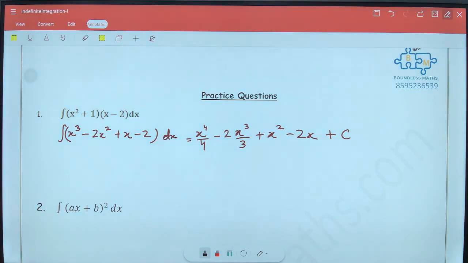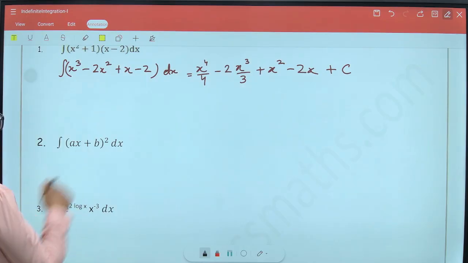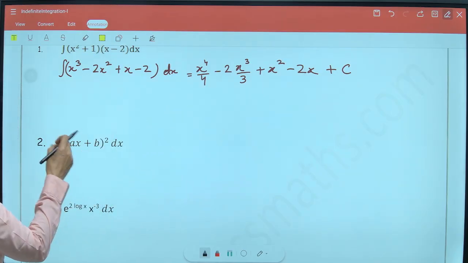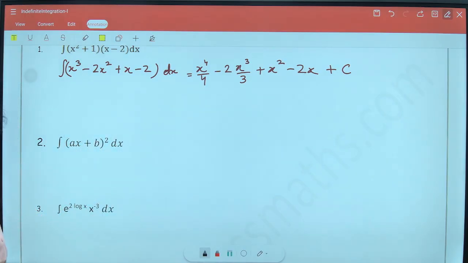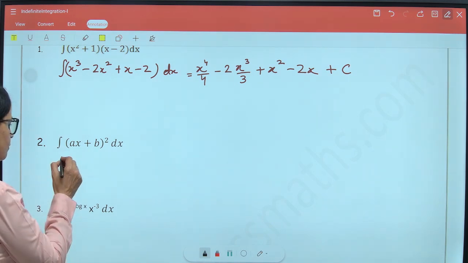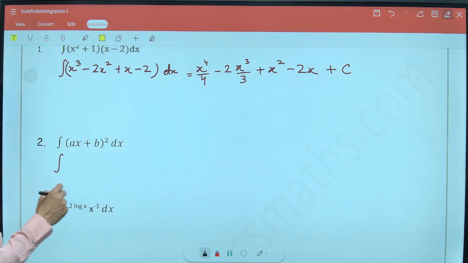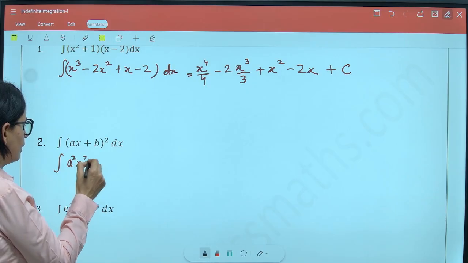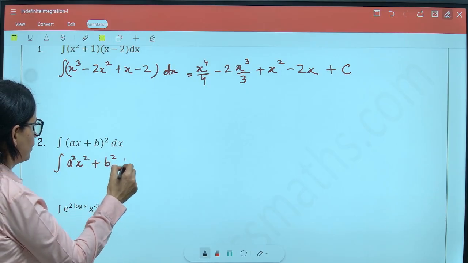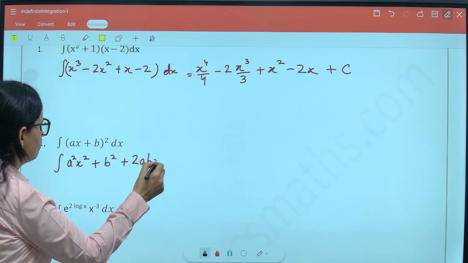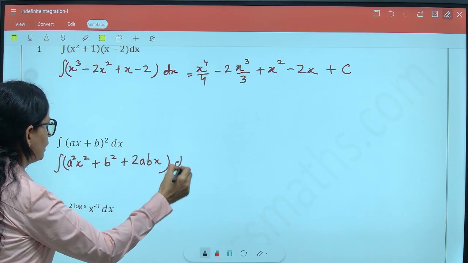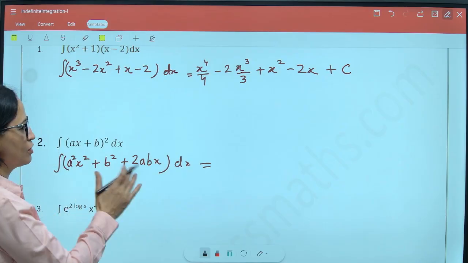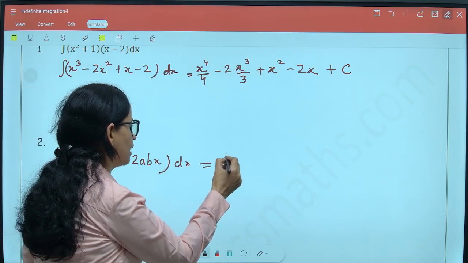Easy? Next question, (ax plus b) whole square. You can use the formula for x to the power n here and just expand it using the (a plus b) whole square identity and then integrate the individual terms. (ax plus b) whole square becomes a square x square plus b square plus 2abx, and then you integrate each term individually. a square is a constant, so you write it as it is.